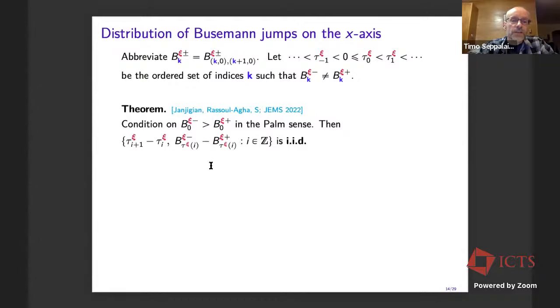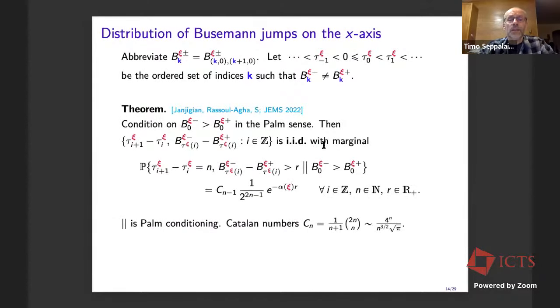Then if you look at this process of increments between successive xi jumps and the sizes of the jumps themselves, this is an i.i.d. sequence. Furthermore, it has the following marginal distribution.